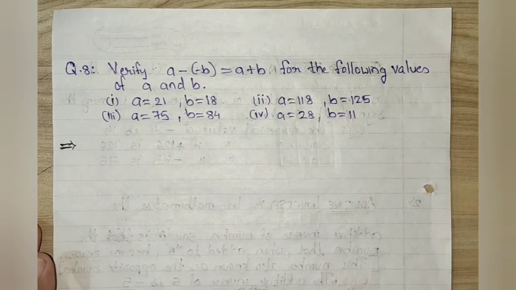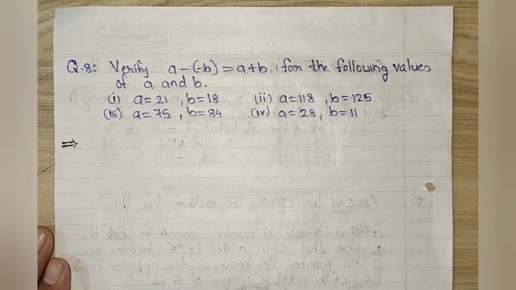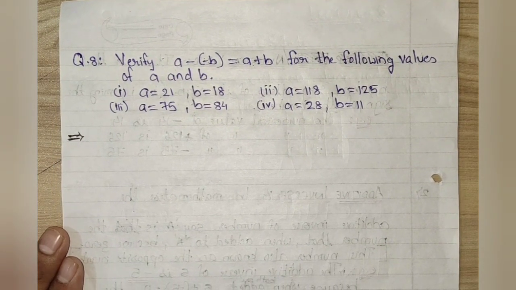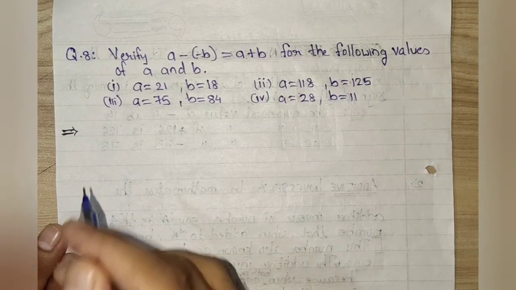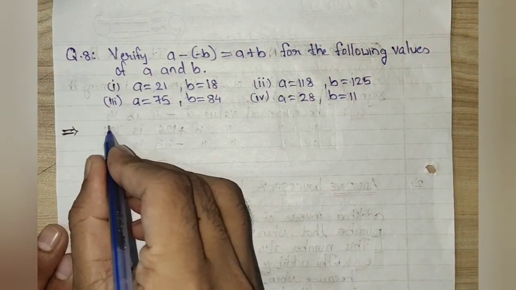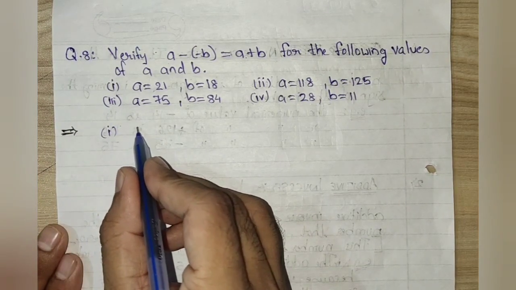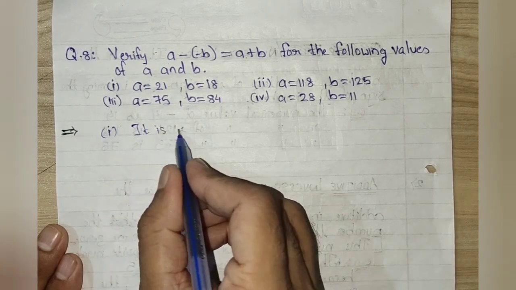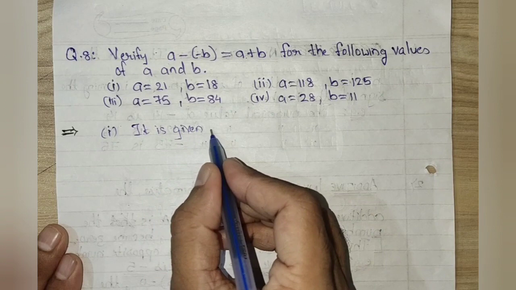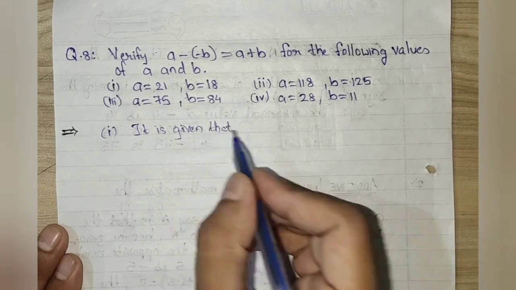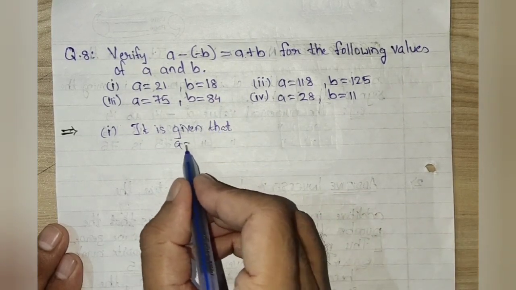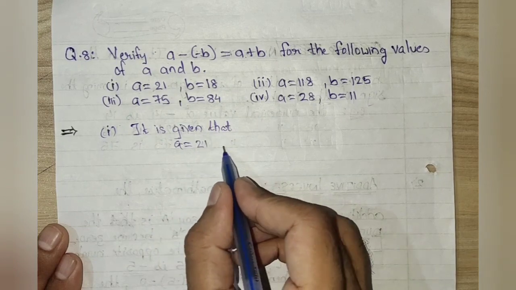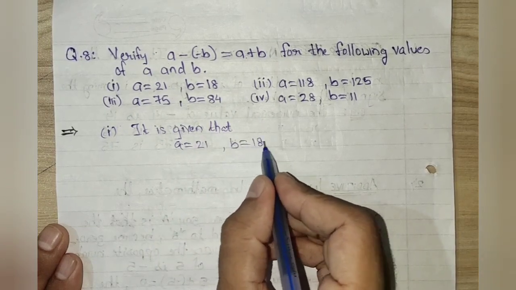Students, let us start with the question. First, it is given that a is equal to 21 and b is equal to 18.